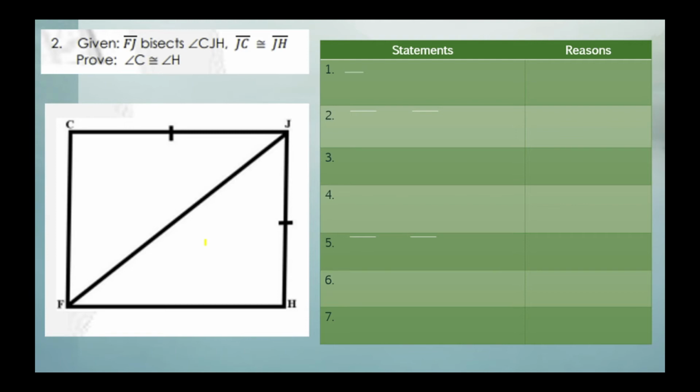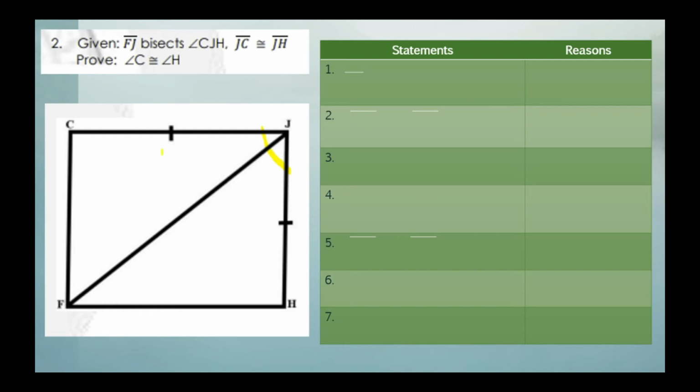So, we have here the figure and then the given segment FJ. So, this is the diagonal. Ito yon. Bisect angle CJH. This is angle CJH. Ayan. So, binisect daw siya ni FJ.